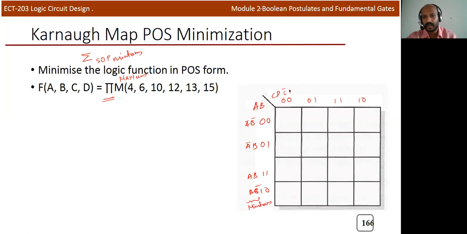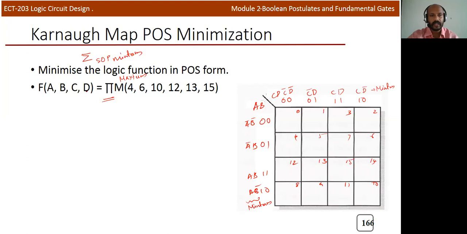Here also C bar D bar, C bar D, C D, C D bar. This is also min term representation. And here 0, 1, 2, 3, 4, 5, 6, 7, 8, 9, 10, 11, 12, 13, 14, and finally 15.